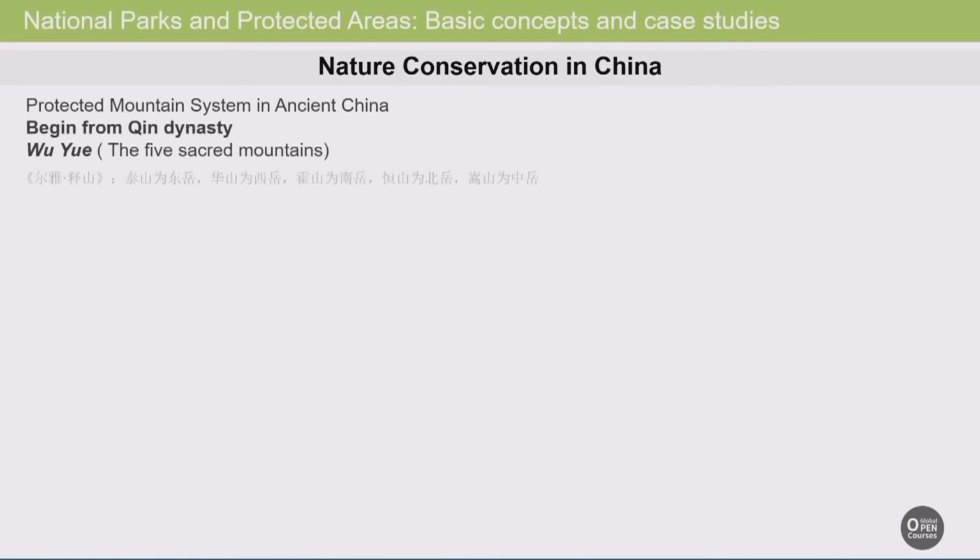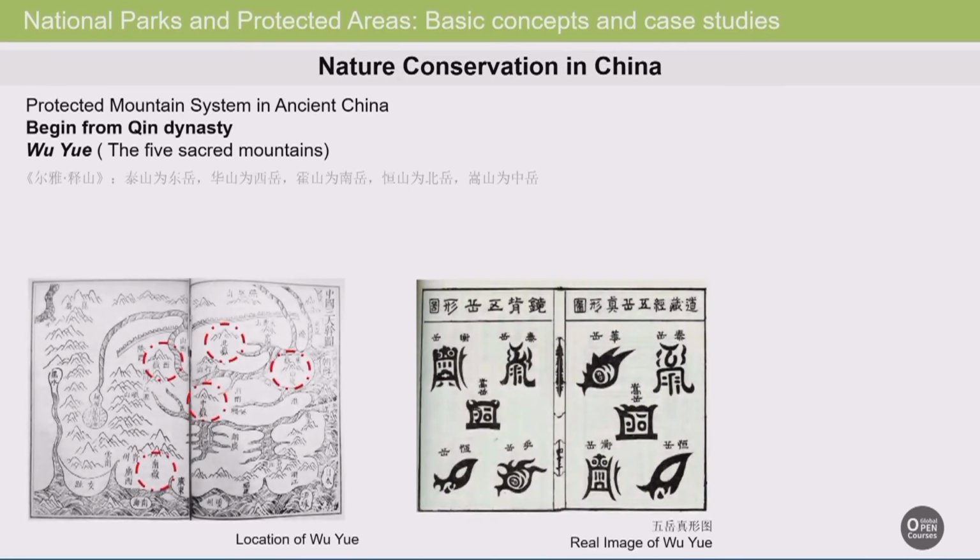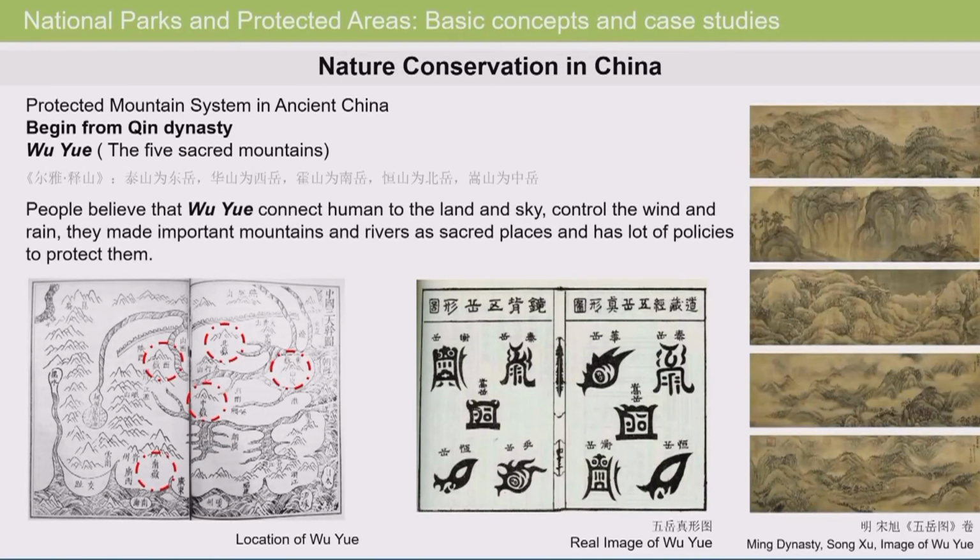What about China? Actually, China has a long history of a harmonious relationship between man and nature, which is quite different from the Western world. Because China has a very interesting philosophy, art, and literature related to nature appreciation. You can see this from the poems, from the paintings.